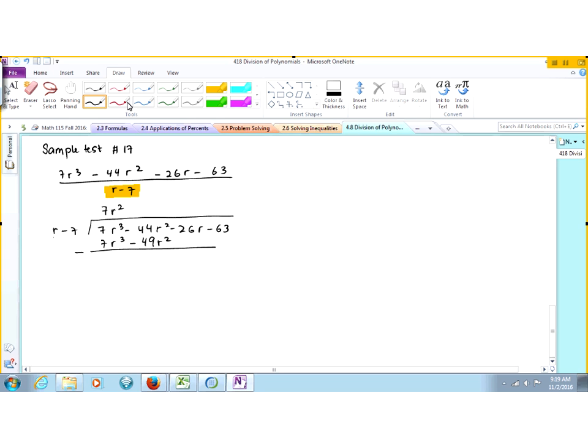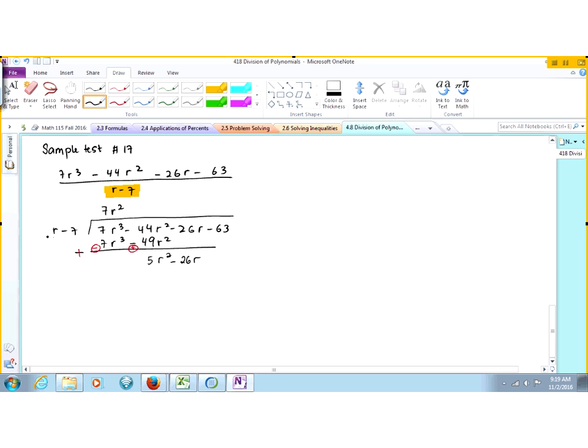Instead of subtracting, we add with the opposite. They're the same thing, right? Now, you notice that the first term always cancels. And what are we left with? 5r squared minus 26r.